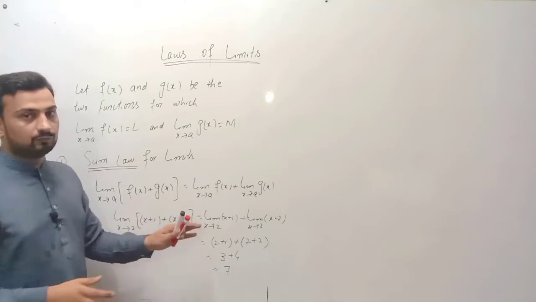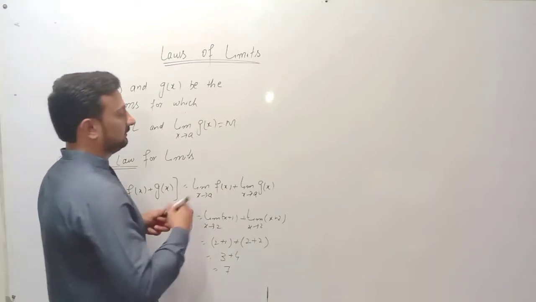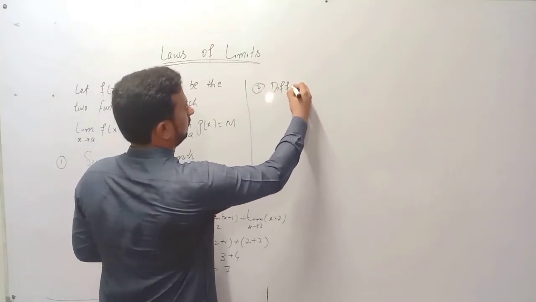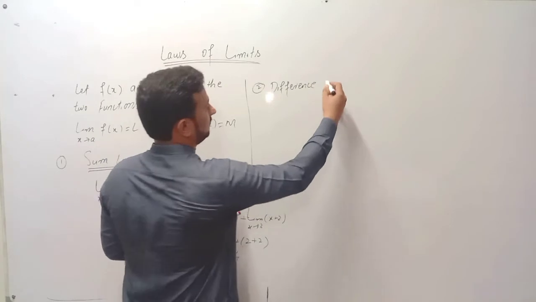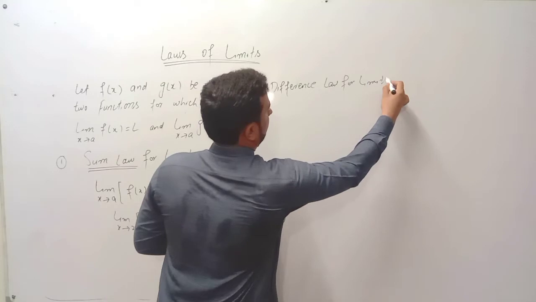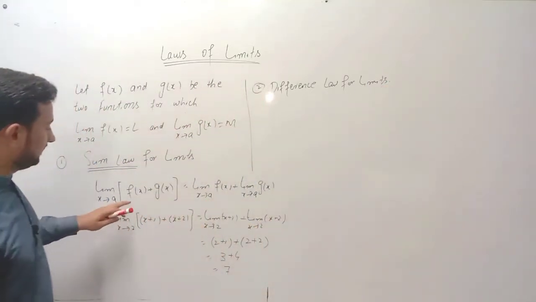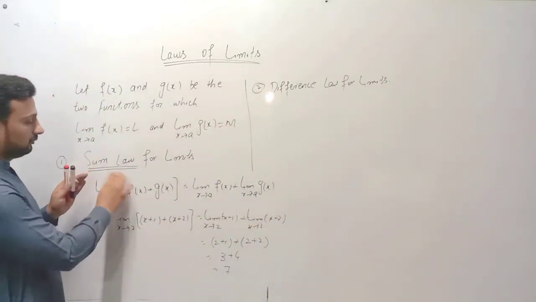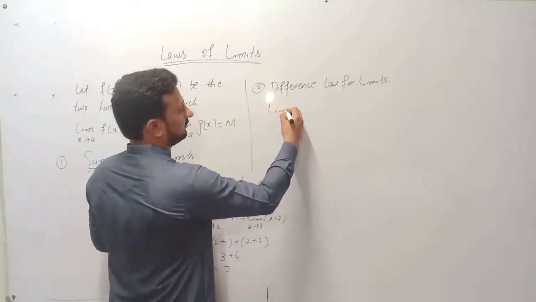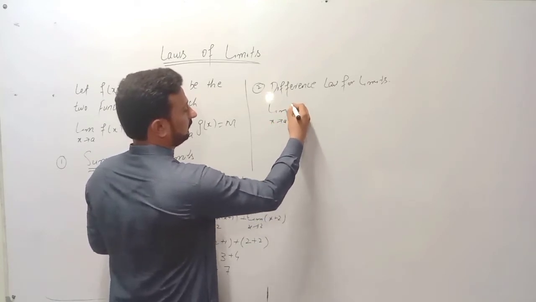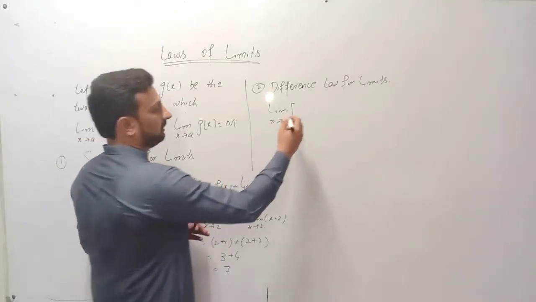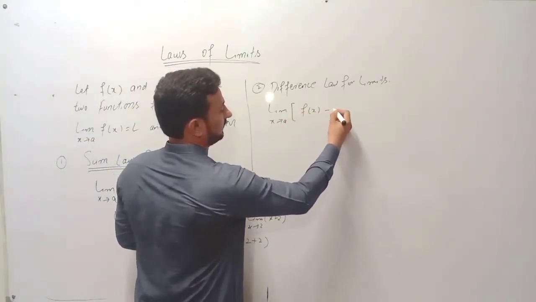Now we will move towards the second law, and that is the difference law for limits. This is very much like the sum law, because for the sum law we use the plus sign, and for the difference law, this law states that when the limit as x approaches a, we also put two or more functions together but with a negative sign in between them.